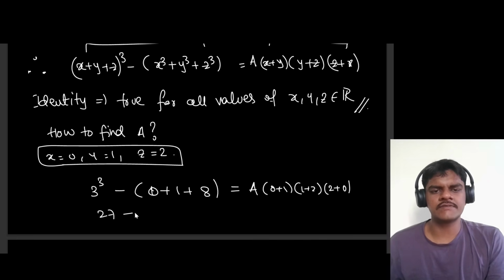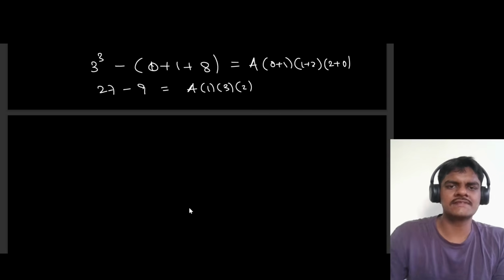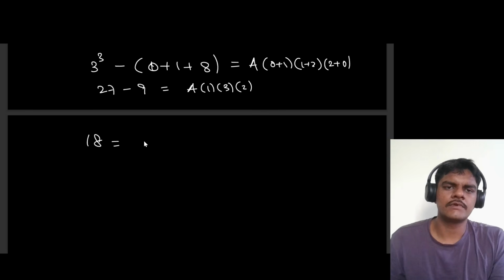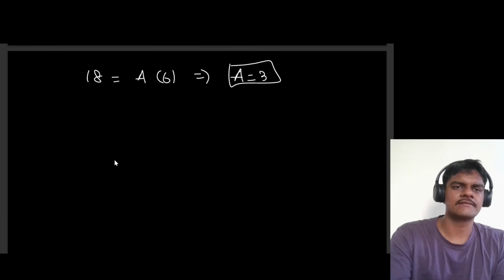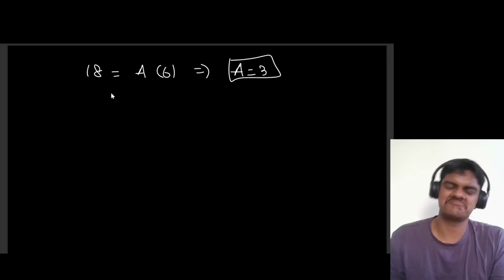So this is 27 minus 9 is equal to a into 1 into 3 into 2. So 18 is equal to a into 6. A is equal to 3. Since that is true for all x, y, z, a will be 3.